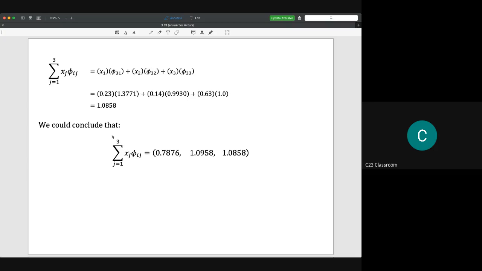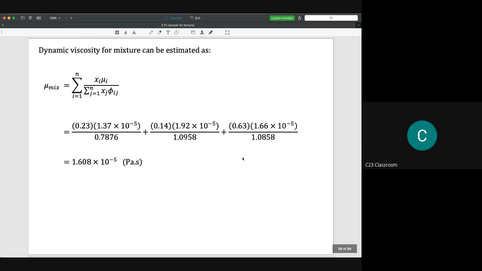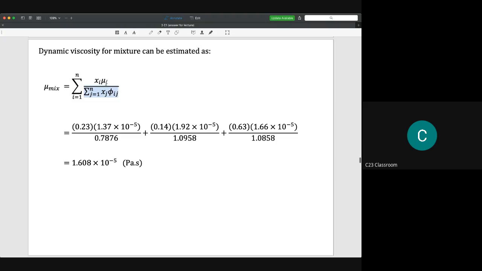The total overall values are 0.786, 1.0958, and 1.0858. Finally we can calculate the dynamic viscosity of this mixture as an estimation. All these parameters reflect the equation, where sigma means the summation.